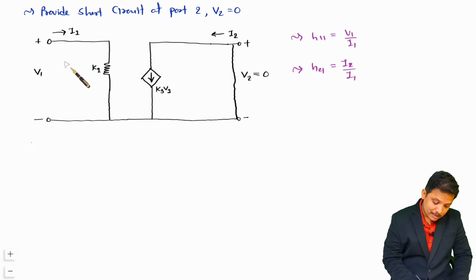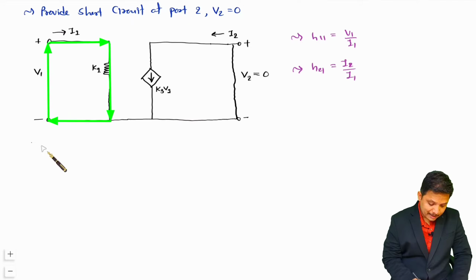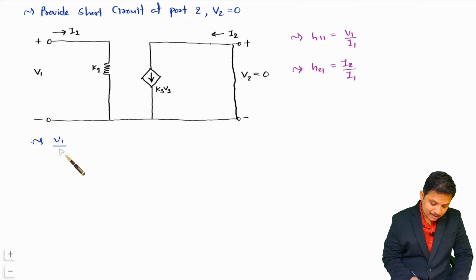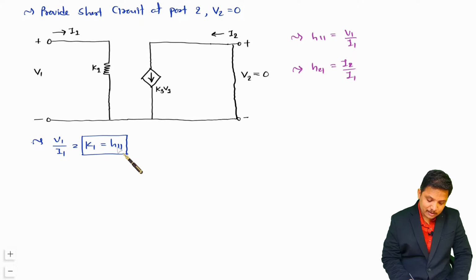If you see the port 1 side, V1 by I1 is the impedance at port 1, and the impedance is K1 over here. And V1 by I1 is H11, so H11 is K1. So simply we have the value of H11, that is K1.